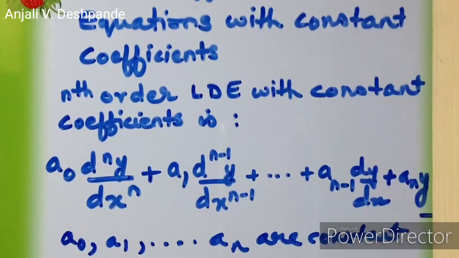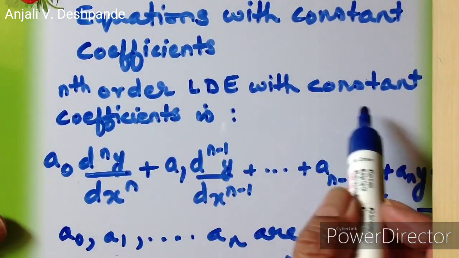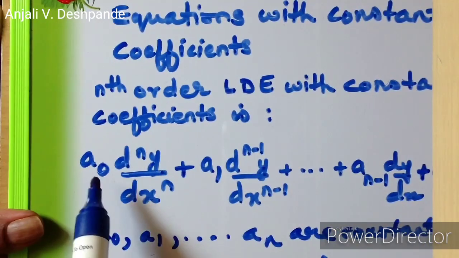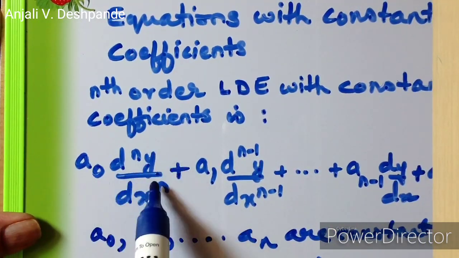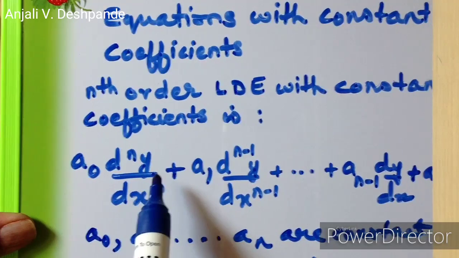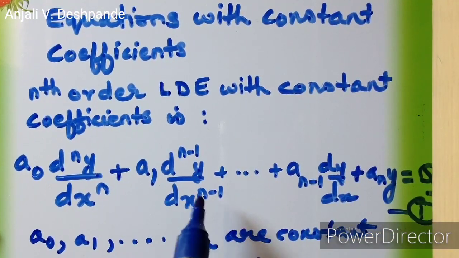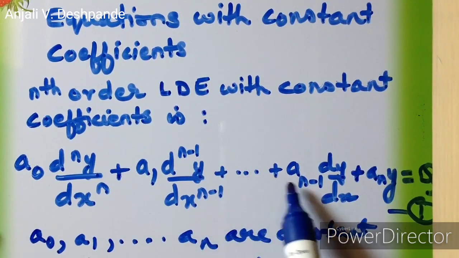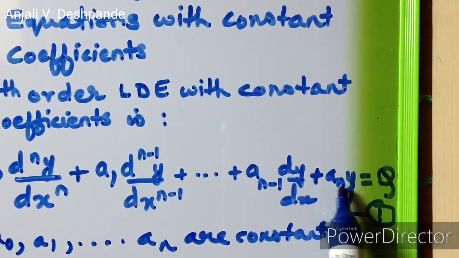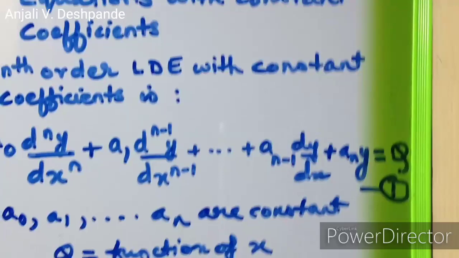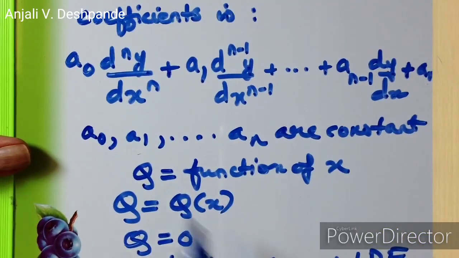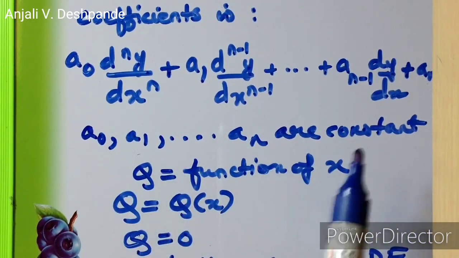Got it? So what we have seen? We have seen that the nth order linear differential equation with constant coefficients is a naught d raised to n y by dx raised to n plus a1 d raised to n minus 1 y divided by dx raised to n minus 1 plus and so on up to a n y is equal to Q, where a naught, a1 and so on up to a n are constants.